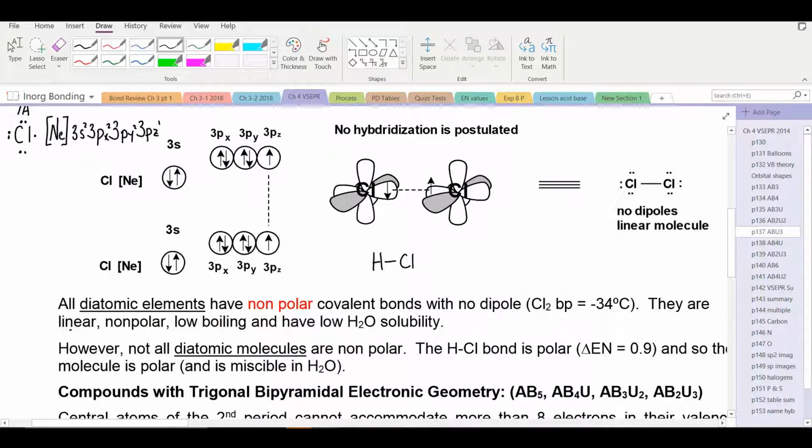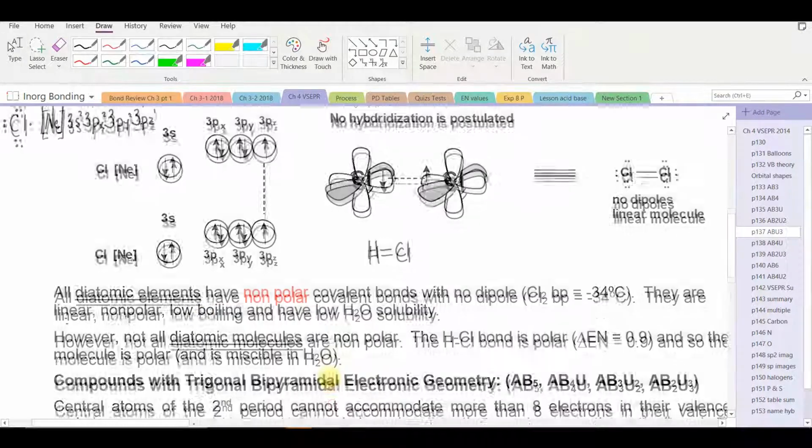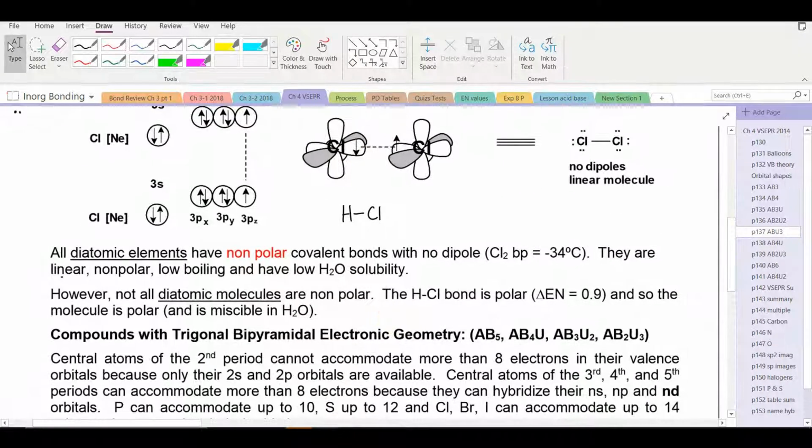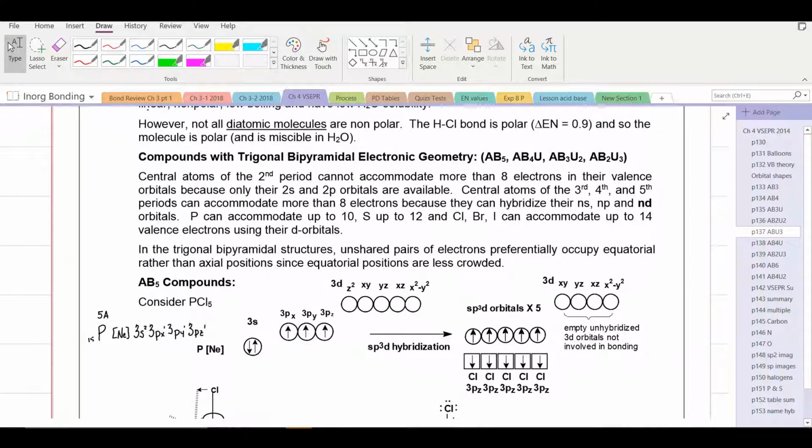They have low water solubility. We're not saying that all diatomic molecules are nonpolar. HCl is polar, so the molecule is polar and it's miscible in water, but we still do not need to propose hybridization to explain its bonding. This looks like a good place to stop for this lesson, but we'll continue on page 137 in our next lesson.